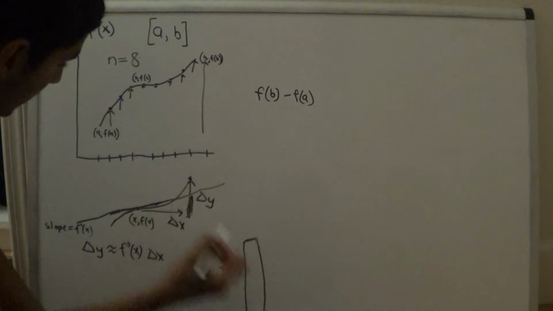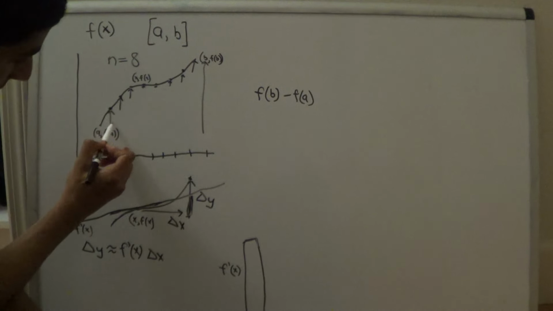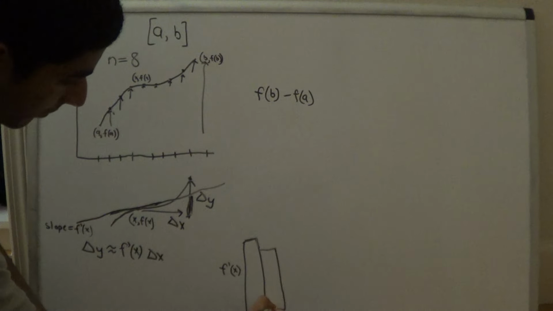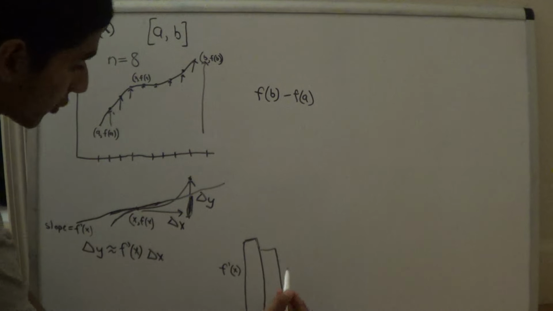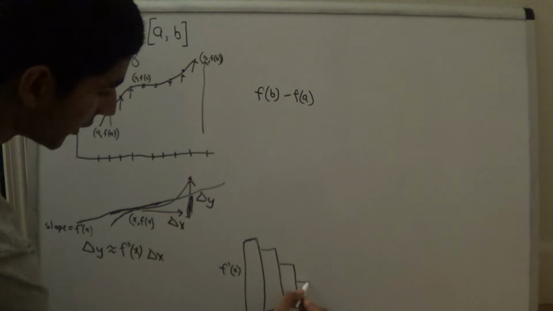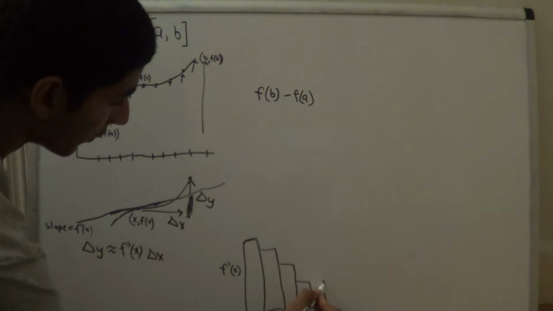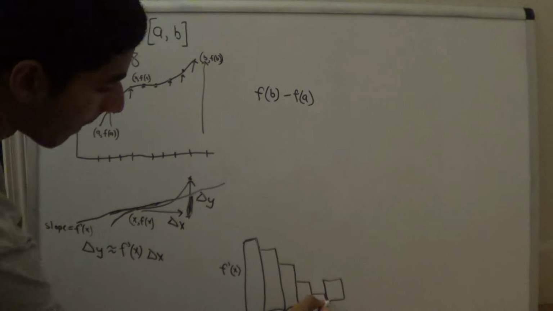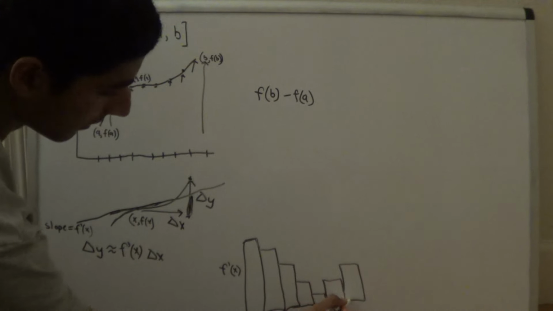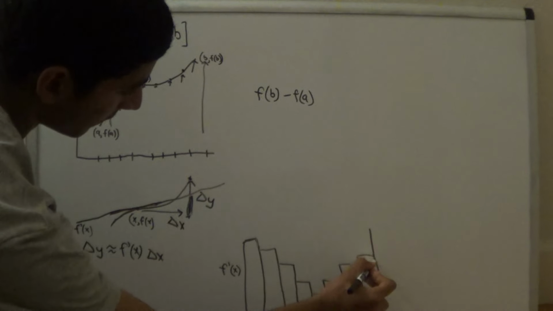Let's say this rectangle represents the one with an area of this first delta y. Now we have a smaller delta y, a little bit shorter rectangle, then another shorter rectangle, then a very short rectangle, even shorter, then a longer rectangle. 1, 2, 3, 4, 5, 6, 7, 8.